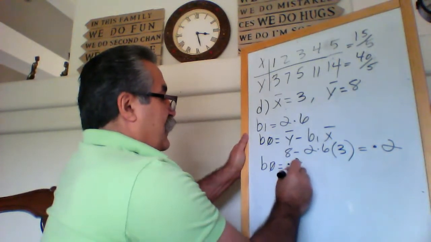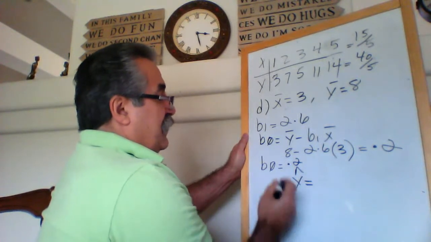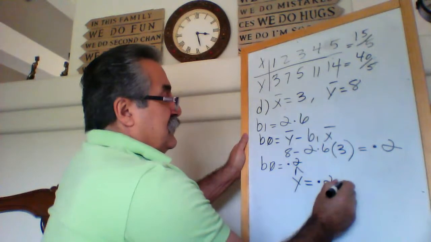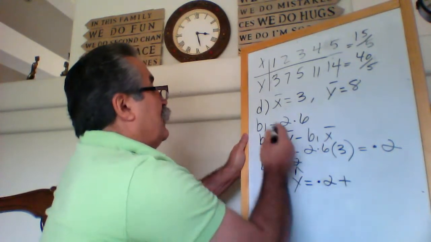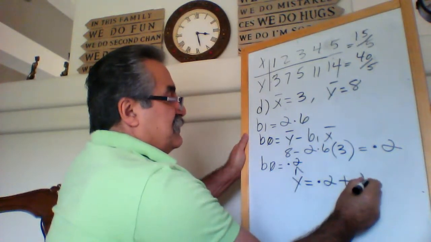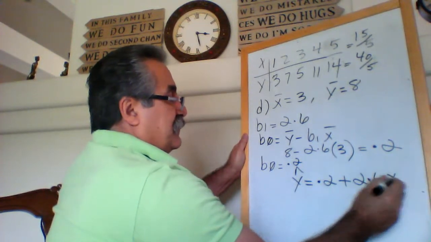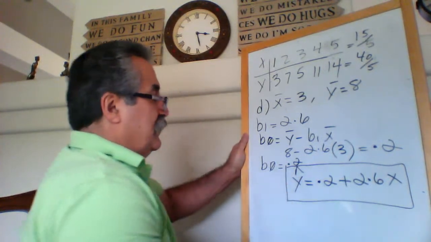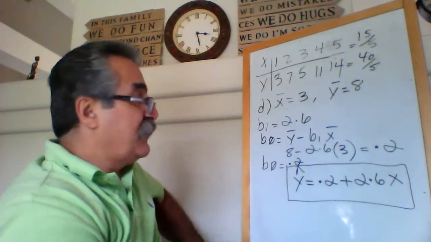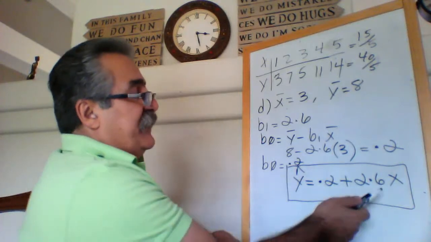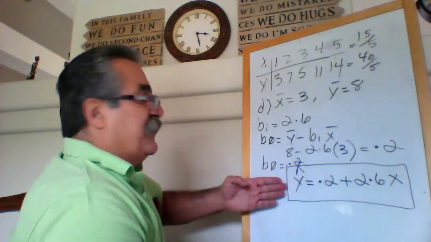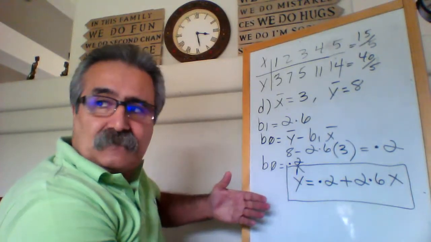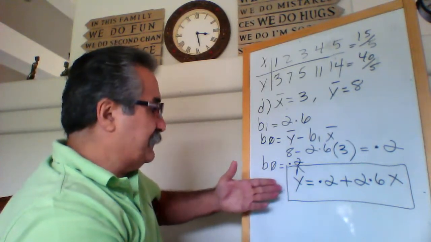Therefore, our line regression equation would be y hat equal to 0.2 plus B1, which is 2.6, times x. This is our line regression equation. For any given value of x, we're going to find the estimated value of y.